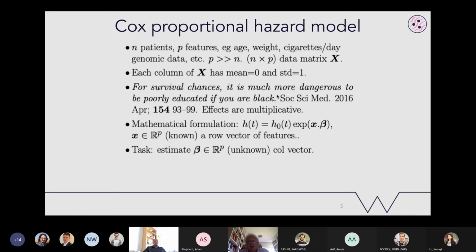You make it that much worse by a multiplicative factor. If you formulate this finding in a mathematical way, you get this formula with the exponential. Here you just use the dot product of a row vector with a column vector, and our task is to estimate beta, which is this unknown vector.